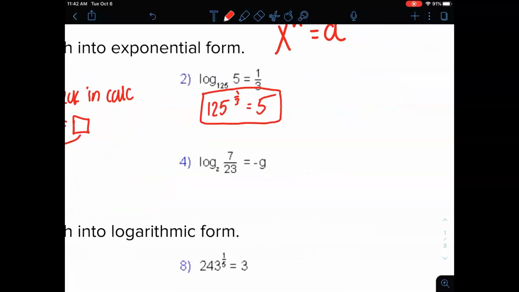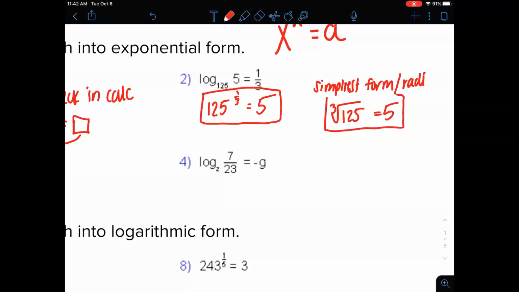So if I asked for something like the simplest form, or in radical form or whatever, that would turn this problem into here. And again, you could always go back and check in your calculator if it's got no variables.